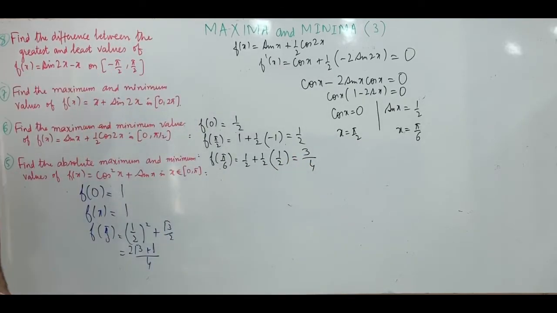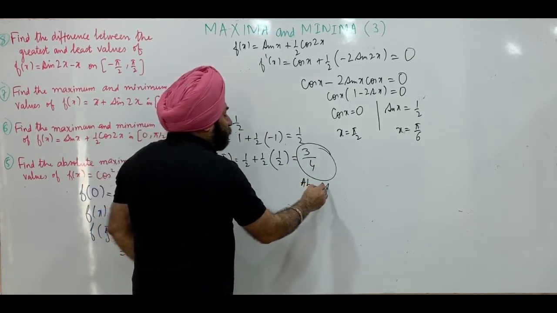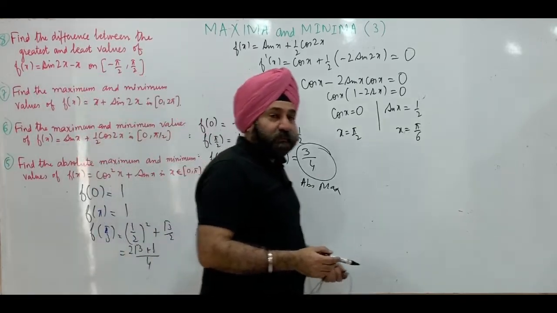We have three values, 1 by 2, 1 by 2 and 3 by 4. 3 by 4 is the absolute maximum value and 1 by 2 is the absolute minimum value.